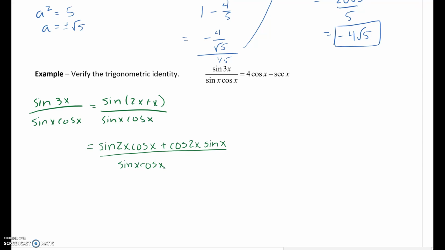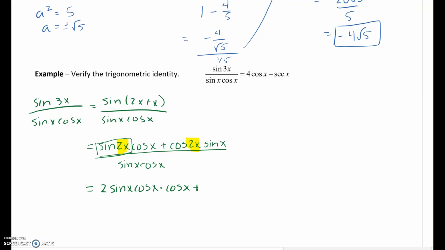Now, you can't just factor out a sine x or a cosine x because this 2x right here goes together and this 2x right here goes together. So we need to apply the double angle formula. I think it would be easier to do the double angle formulas for each of those. For sine 2x, the double angle formula is 2 sine x cosine x, and then it's being multiplied by another cosine x.